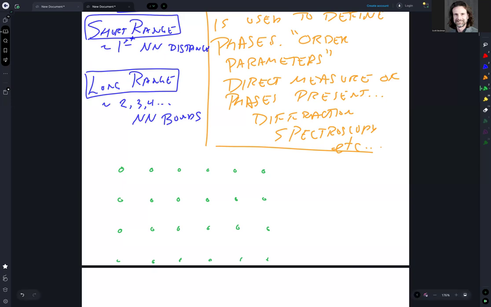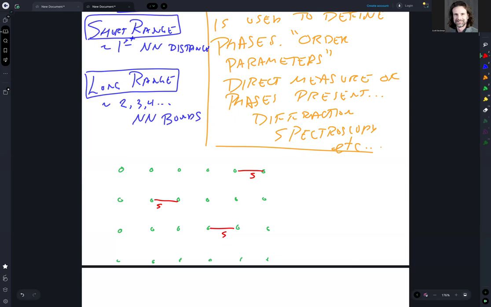And if I have this, I can pick some site. And I can say, well, that's a distance, and that's a short range order. It's the nearest neighbor. And if I pick another atom, that's the same. Pick another atom, that's the same. So I have short range order.